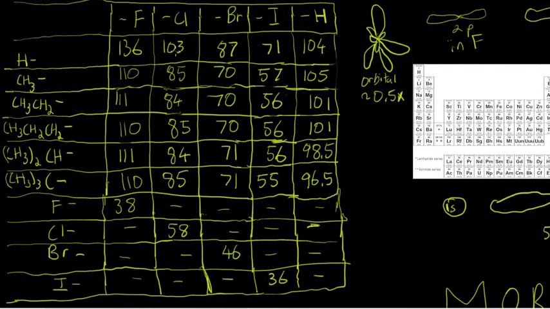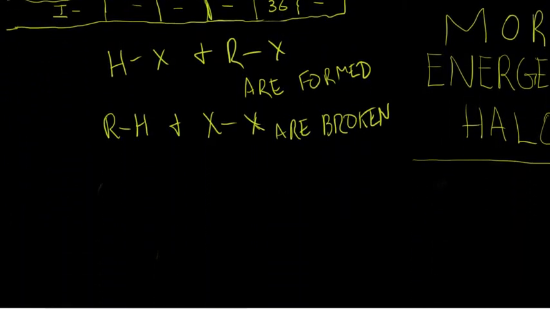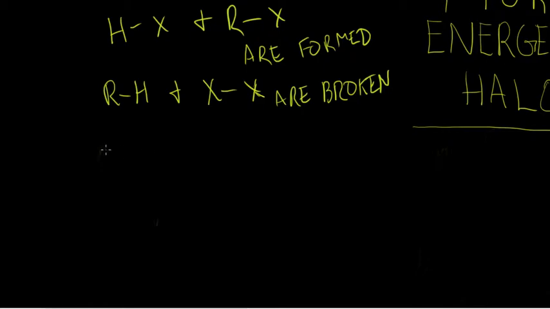The ones with fluorine are going to be more exothermic than ones with chlorine, and those will be more exothermic than ones with bromine, which in turn will be more exothermic than ones with iodine. So what this amounts to is that radical halogenations with fluorine are the most exothermic.